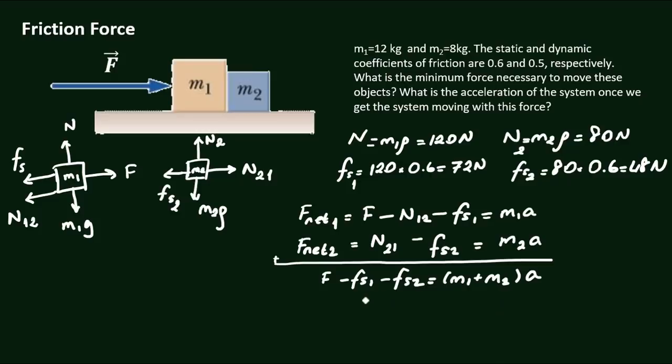So if we are trying to move these two objects, we have to overcome these friction forces. So the force F that we're applying has to be equal to or bigger than Fs1 plus Fs2, which gives us 72 plus 48, which is 120 newtons.